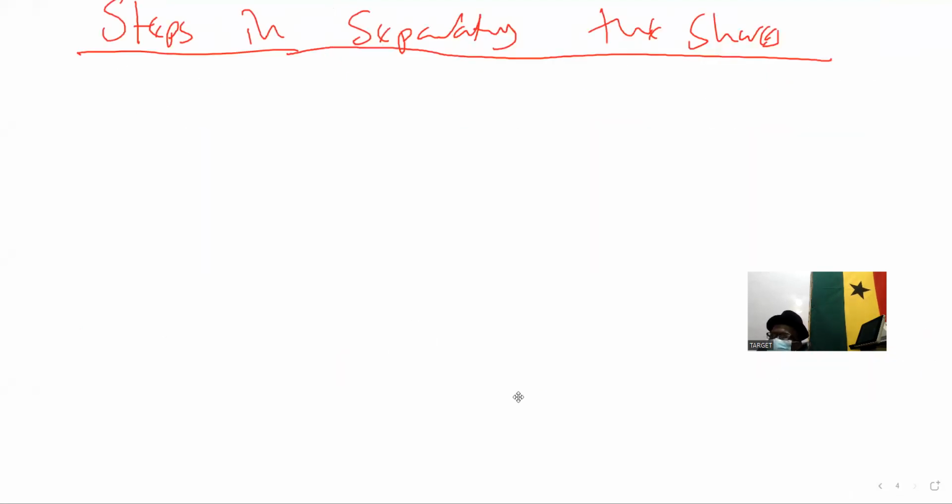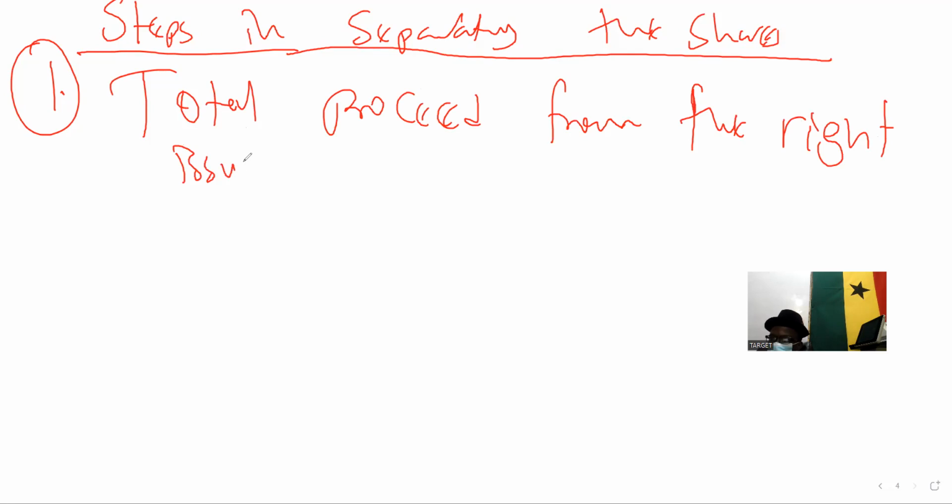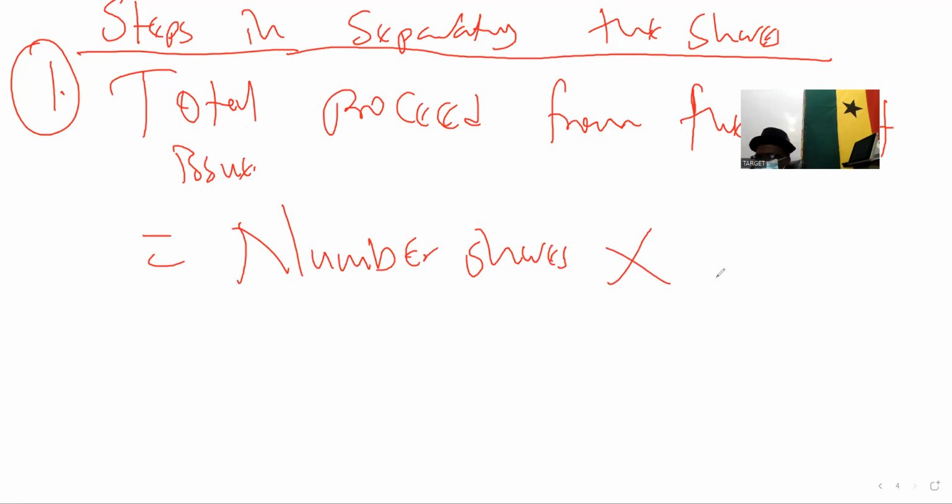Step one, very, very easy: find the total proceeds from the right issue, the money they raise from the right issue. It's nothing but the number of shares times the right issue price. That's all.